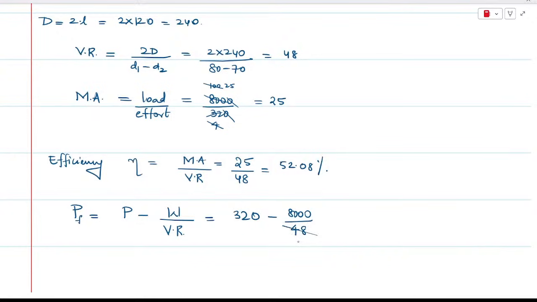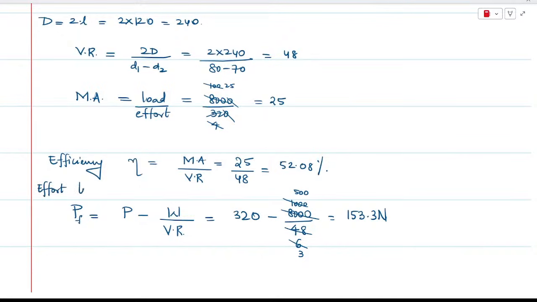So 8,000 by 48 is approximately 166.67. If we subtract that from 320, this will be 153.33 newtons, which is the effort lost in friction.